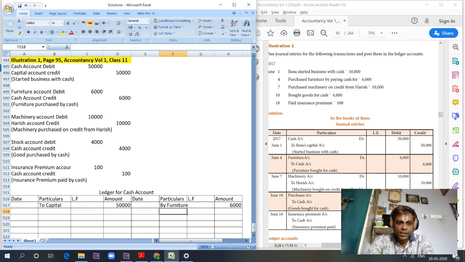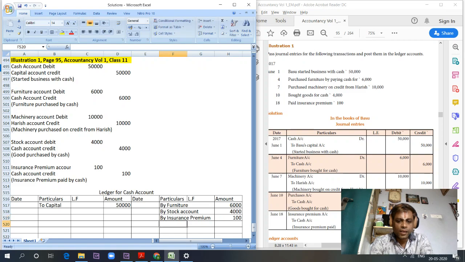So in the cash ledger, by stock account 4,000. Then we have paid insurance premium by paying cash. So insurance premium account to cash account. So by insurance premium paid 100 rupees.